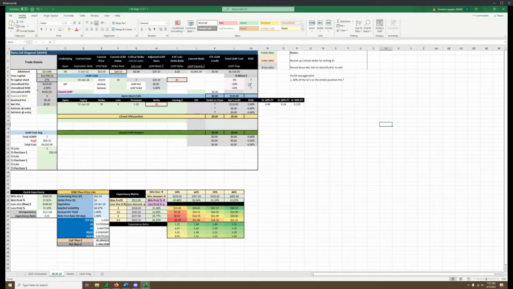Yeah, I made a note here, but I didn't fill anything out on it. For the leaps, I guess you can manage it at stock dropping percentages. I gotta make a note here.